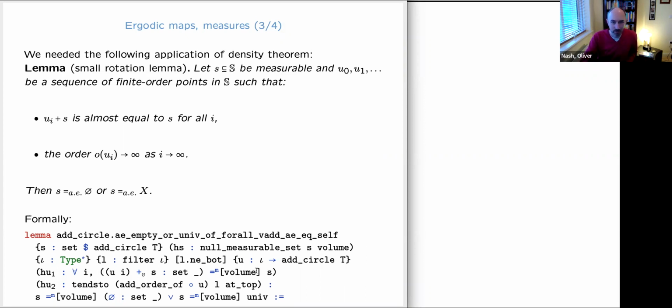It says, if you've got a subset of the circle, which is measurable, and I've got a sequence of finite order points, u_i, this might be 1 over n to the i, for example, or let's make it more concrete, it might be 1 over 2 to the i.